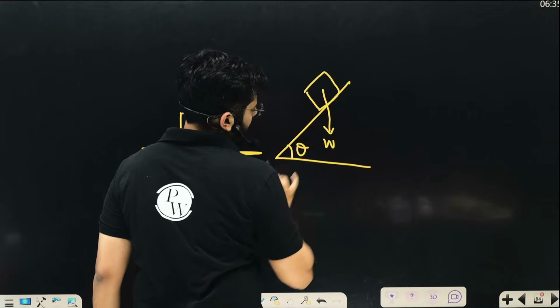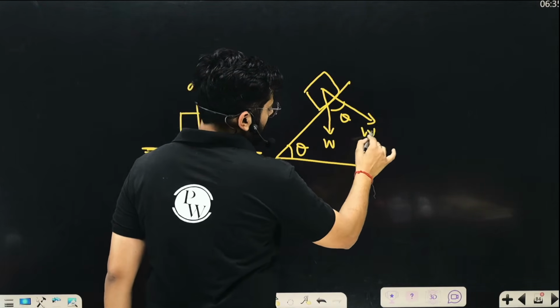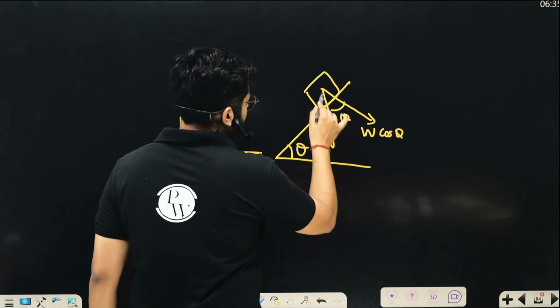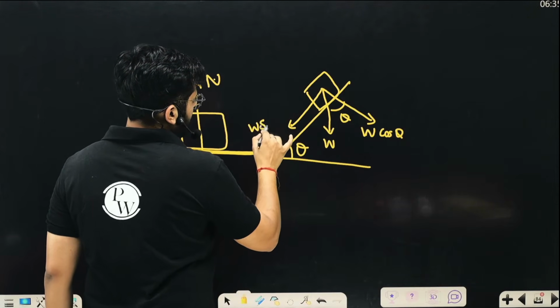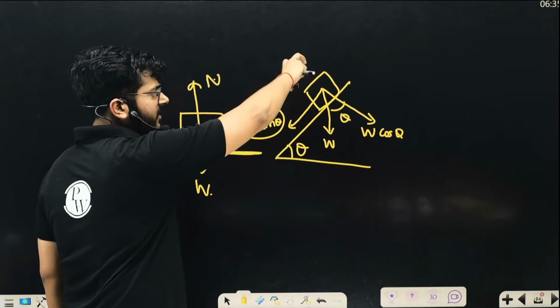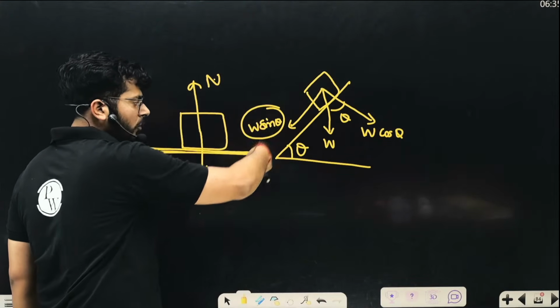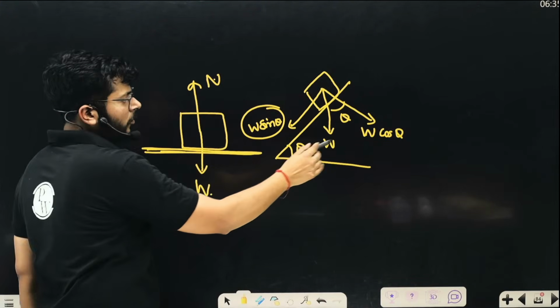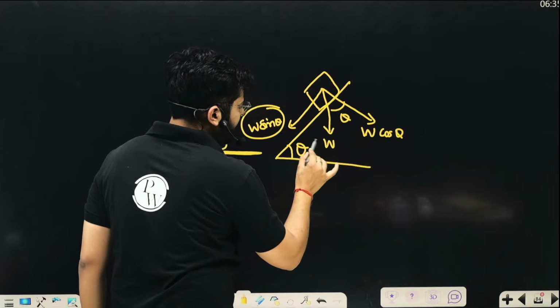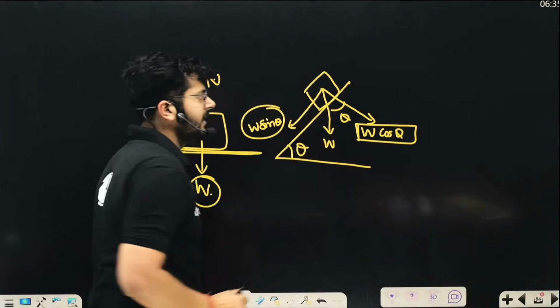Weight is W or mg. This angle is theta. This is W cos theta, and this is W sin theta. This component W sin theta is not interested in pushing against the surface. It is interested in moving the body along the plane. So right now, instead of the entire weight, only a component of weight, W cos theta, is pushing.